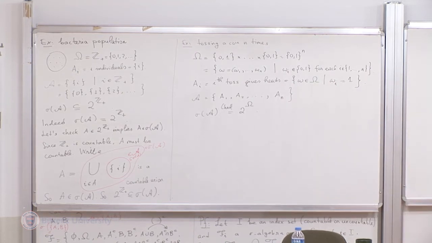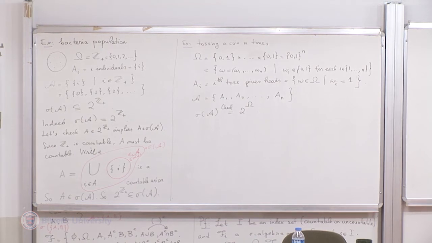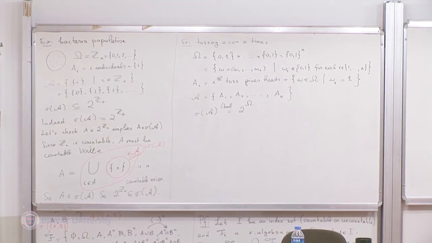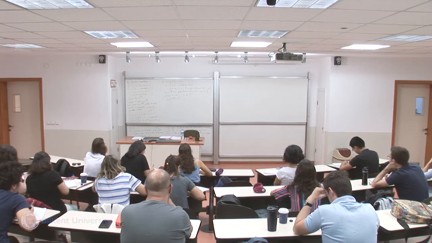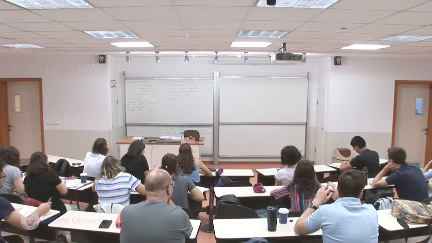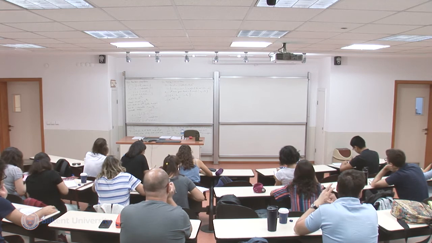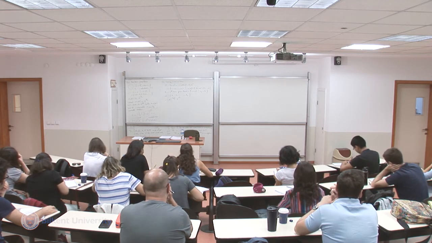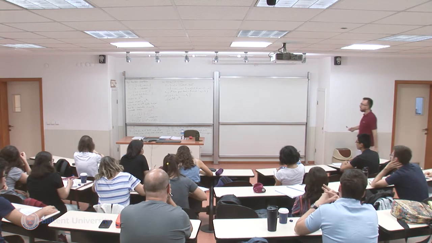This means you can write down any event as unions and intersections of events in the collection A. Because A1 is the event that the first toss gives you heads, and A5 is the event that the fifth toss gives you heads. So if you can answer questions about A1 to A5, you can answer any question about the random experiment, right? You have access to all possibilities.